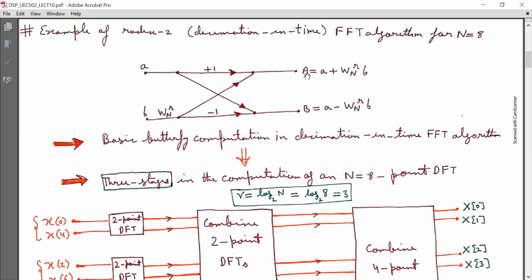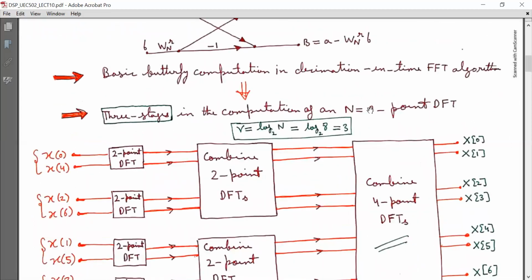At the output there are two outputs of the butterfly, capital A and capital B. Capital A is equal to small a plus W raised to power r into b, and capital B is equal to small a minus W raised to power r into b. So it involves two complex additions and one complex multiplication.